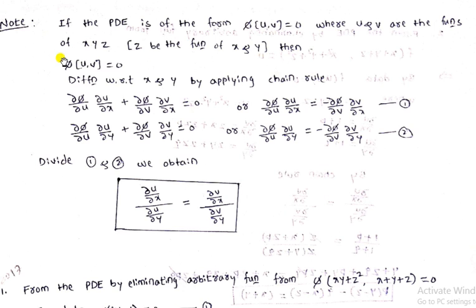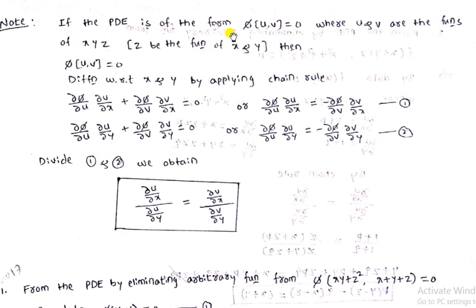Next one, suppose the given partial differential equation is in the form of phi of u comma v equal to 0, where u and v are functions of x, y, z, and z is a function of x and y. Then it becomes dou u by dou x divided by dou u by dou y is equal to dou v by dou x divided by dou v by dou y here.